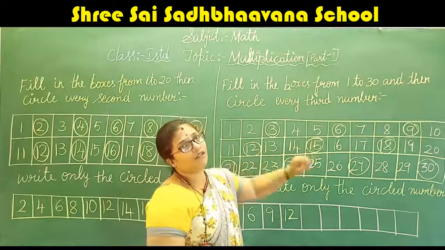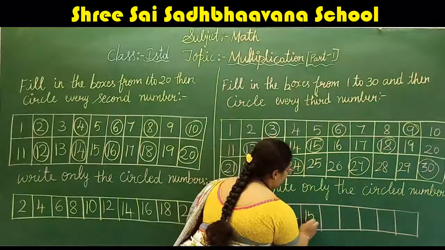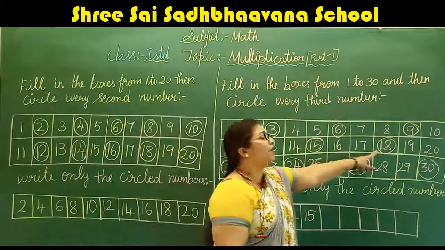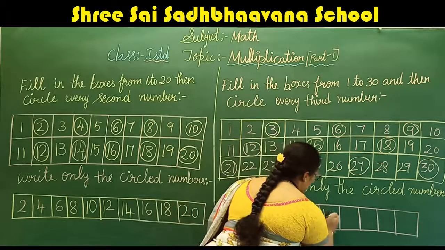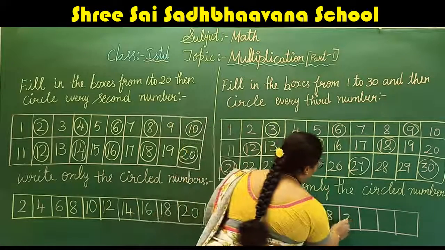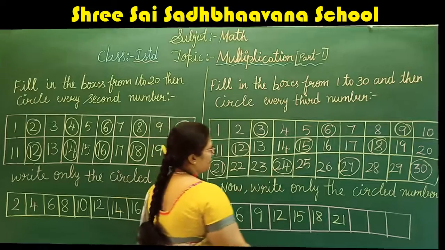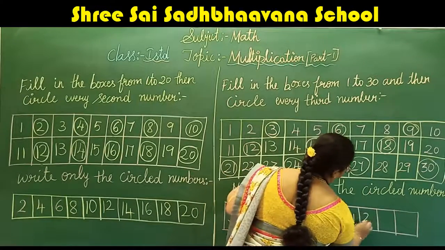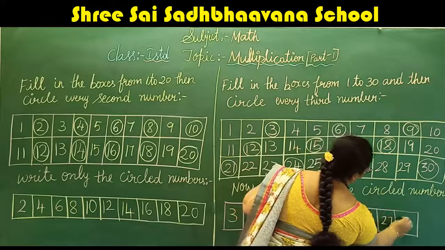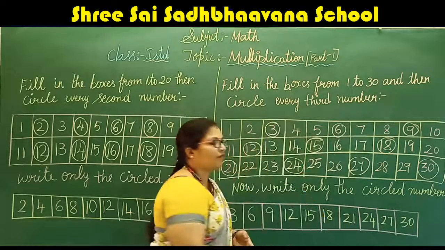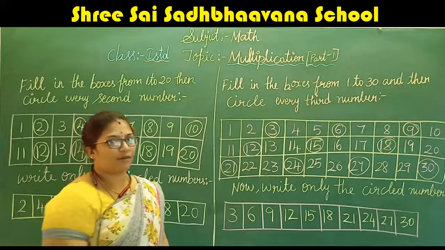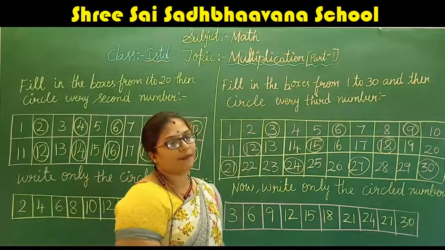And then after that 15 is circled, then 18, then 21, then 24, and then 27, and then 30. Okay, children, this you have to do in your textbook. So let me move to the next main.